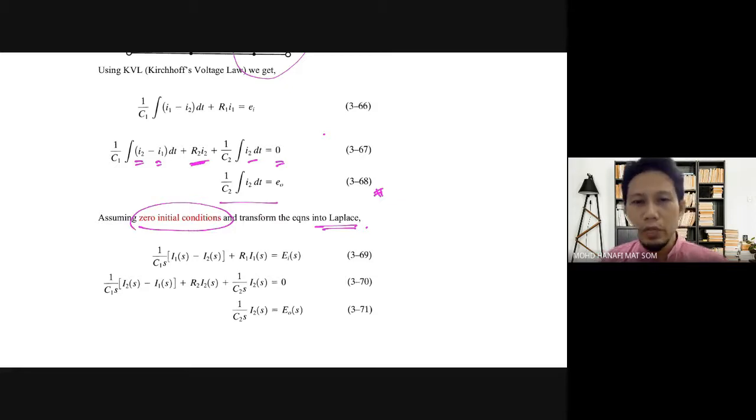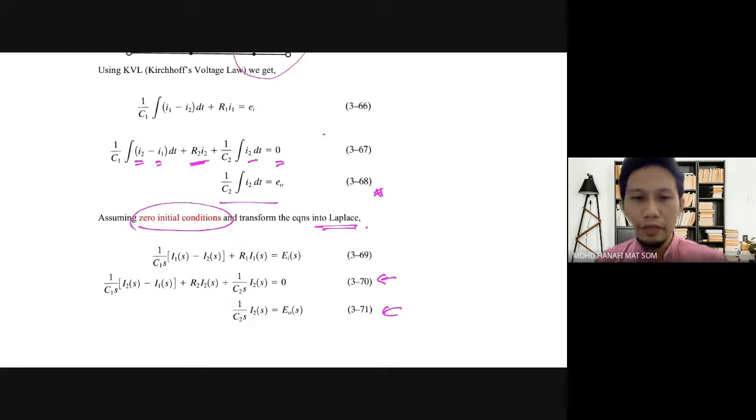So now we have 1 over C1 s (I1(s) minus I2(s)) plus R1 I1(s) equals Ei(s). You can do the same with equations 3.67 and 3.68, and you get the Laplace transform equations 3.70 and 3.71.